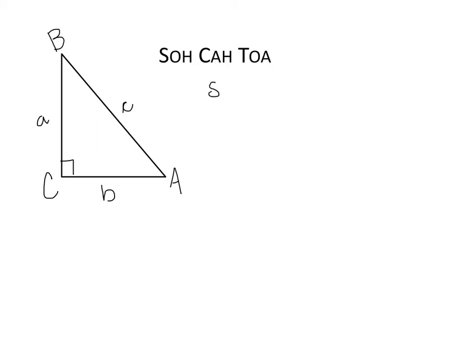So the sine of angle A is going to be the side opposite of A, which is A, divided by the hypotenuse, which is C. The cosine will be the side adjacent to A. Adjacent means next to, so that would be side B. We never call the hypotenuse the adjacent side.